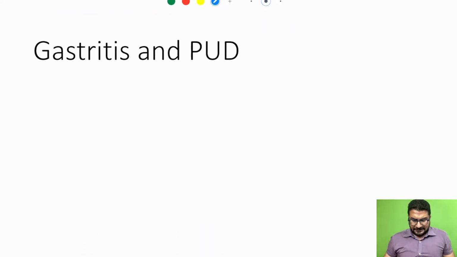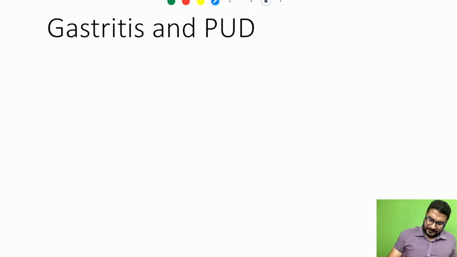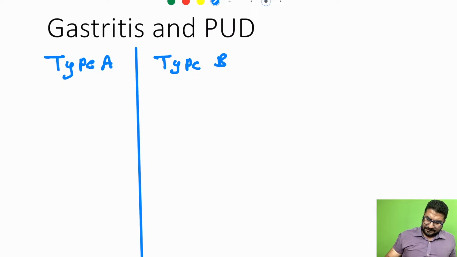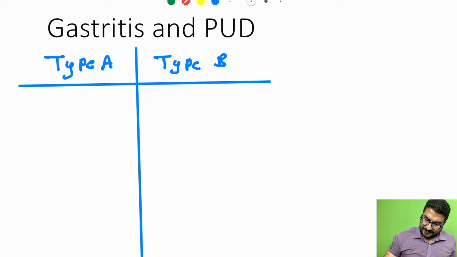Okay, now moving to gastritis and peptic ulcer disease. We have different types of gastritis, like type A gastritis and type B gastritis. Understand this: type A gastritis will affect the body.